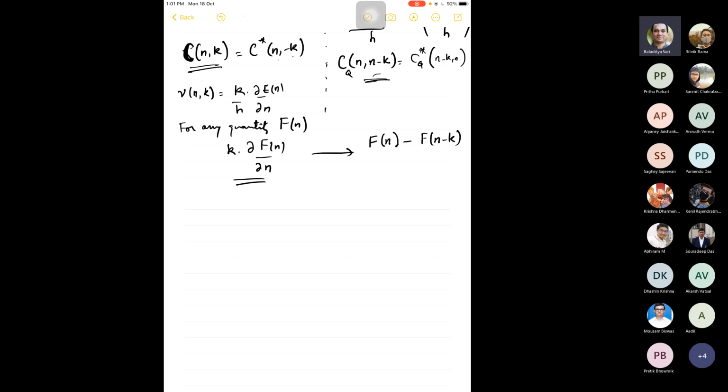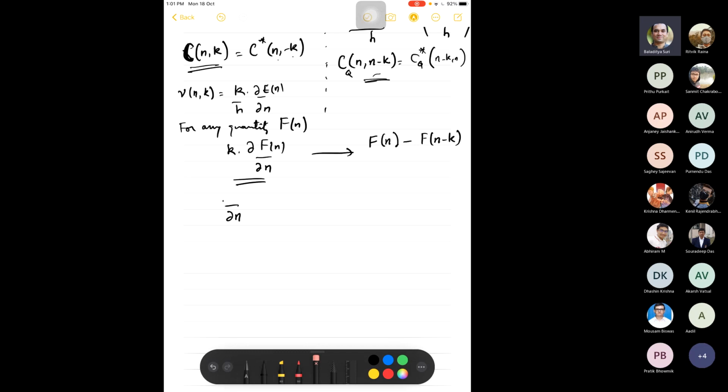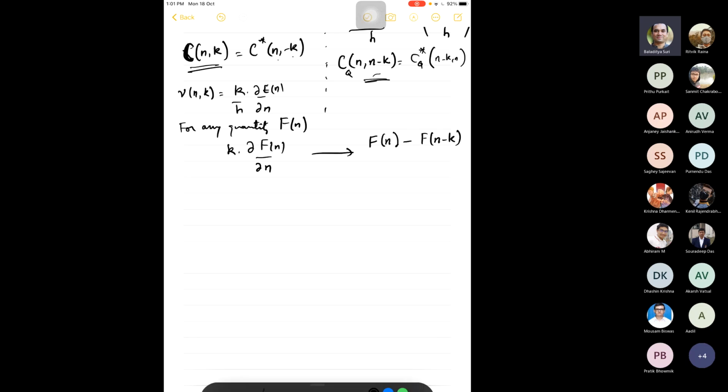Okay, and if you now have the second derivative, now consider the second derivative of this frequency, which we saw classically. Let me write this again. So I want you to note the following.